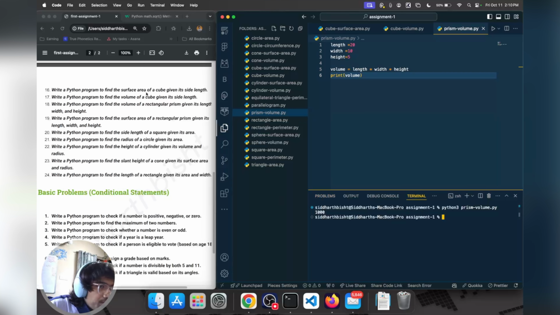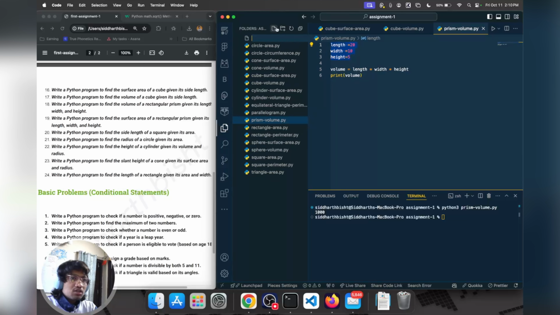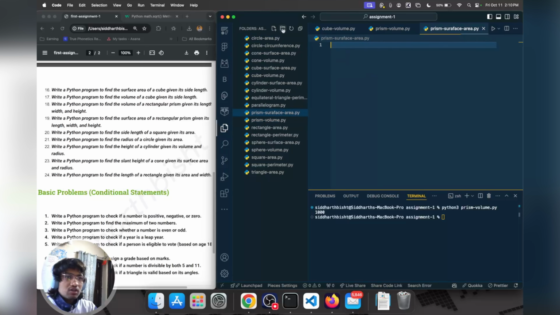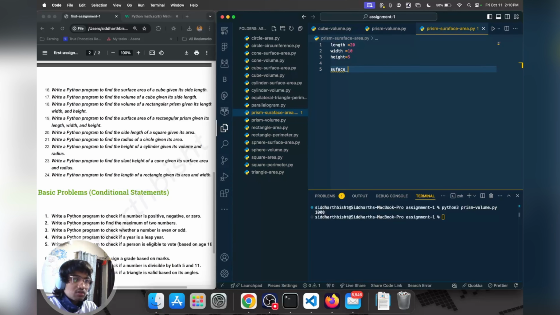Next problem. Write a Python program to find the surface area of a rectangular prism given its length, width, and height. So similar thing, this time instead of volume we have to find its surface area. So prism surface area.py, and I will take the same things and I will make a variable called surface area equals. There is a formula for this. It is 2 multiplied by length times width, width times height, height times length.